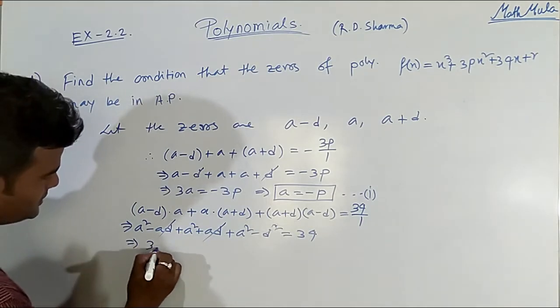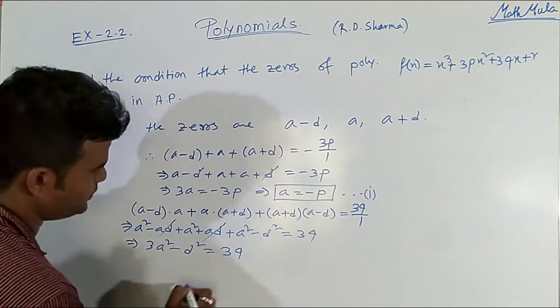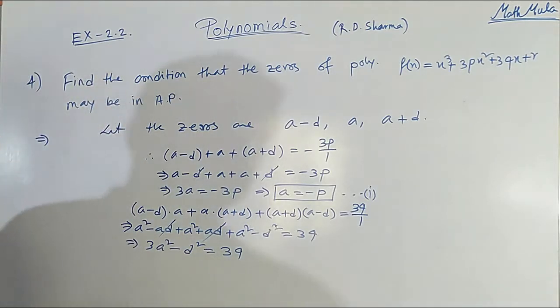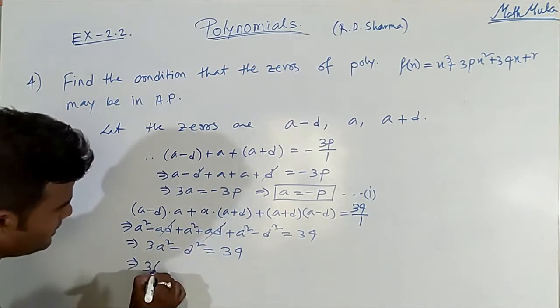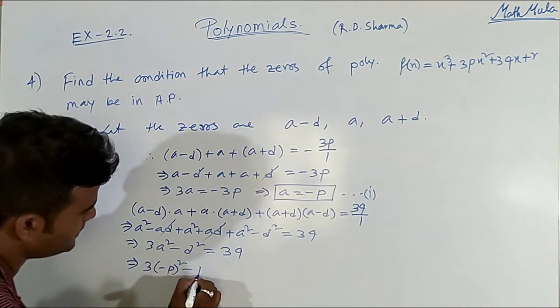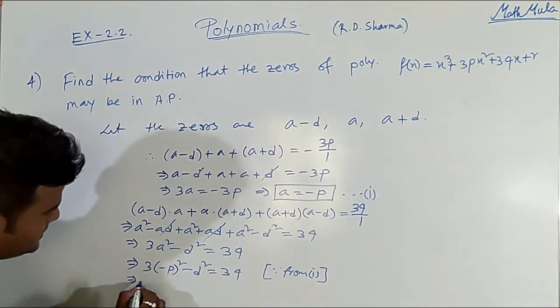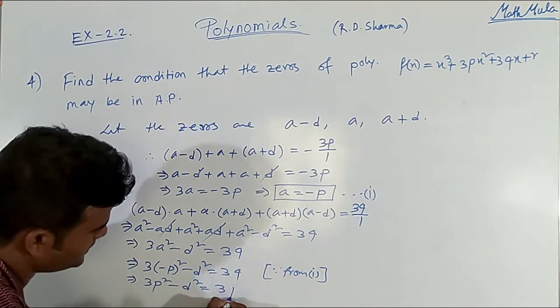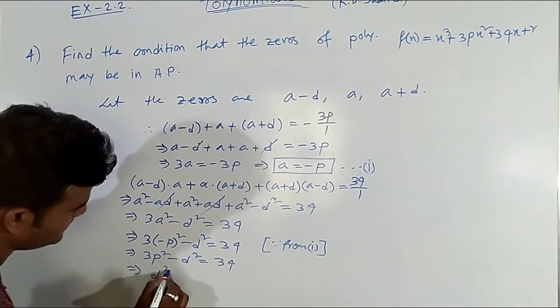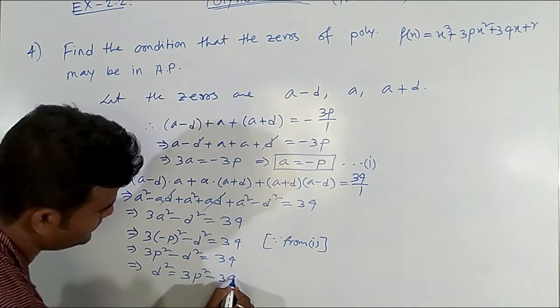Now this is equal to 3a square minus d square equals 3q. Okay. Now we put the value of a from 1. Then we get 3 of minus p whole square minus d square equals 3q. Now this is 3p square minus d square equals 3q. Now we can write d square equals 3p square minus 3q.